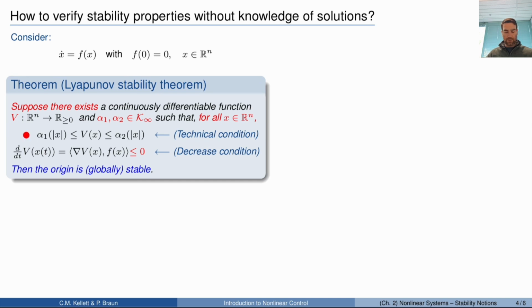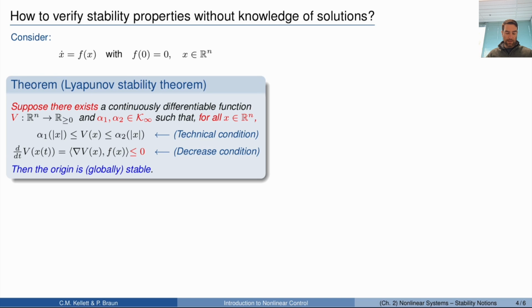So the first condition here is a technical condition where the upper bound essentially ensures that V of 0 is equal to 0. So we have a minimal energy at the origin. And the lower bound with alpha 1 ensures that we have a radially unbounded function, meaning if x goes to infinity in norm, then also our function V goes to infinity.